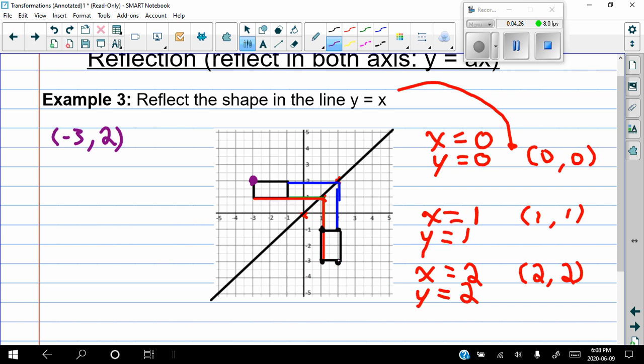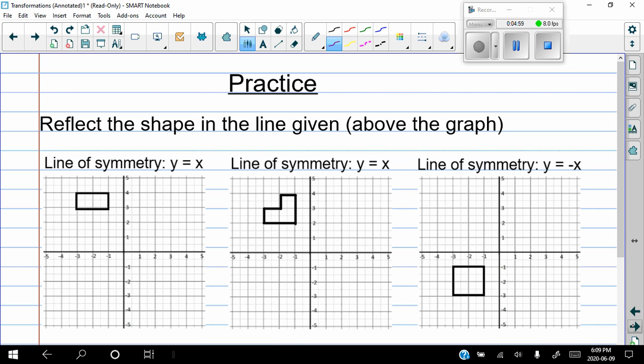And in the end, that point turned into 2, -3. So what happened here? Well, our y's turned into x's, and our x values turned into y's. So you could do this process wholly on coordinate points, but it's good to understand both methods.